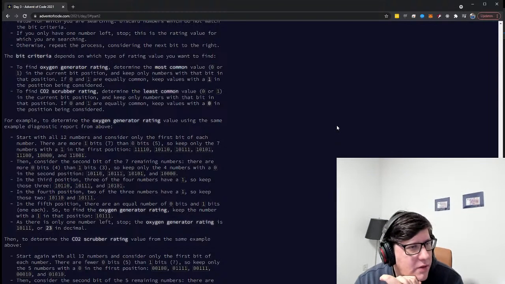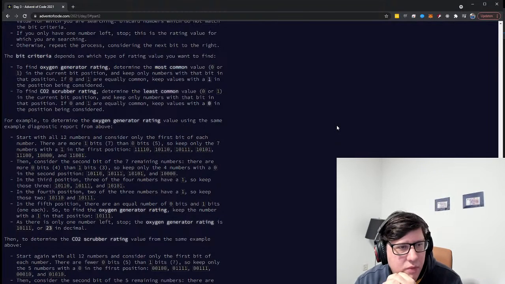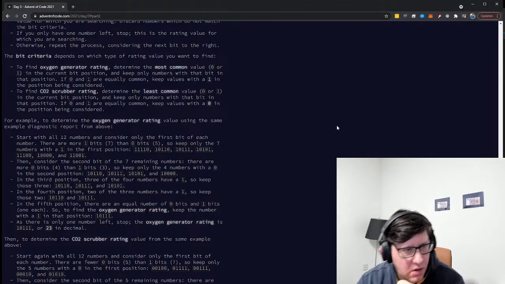Let's see, for example, to determine the oxygen generator rating value using the same example diagnostic report, start with all 12 numbers and consider only the first bit of each number. Yep. So you keep those rows. Okay.